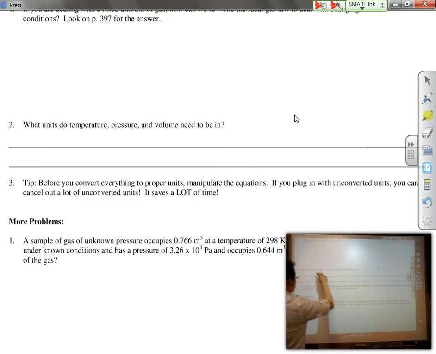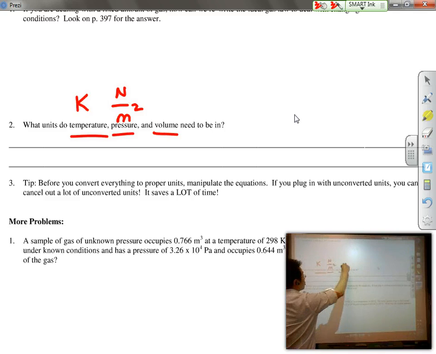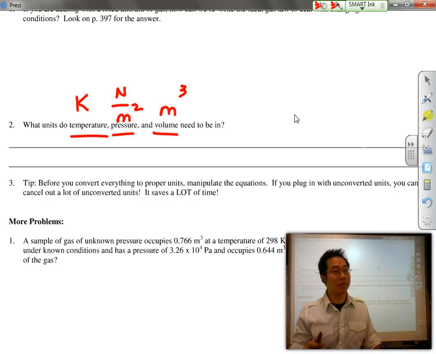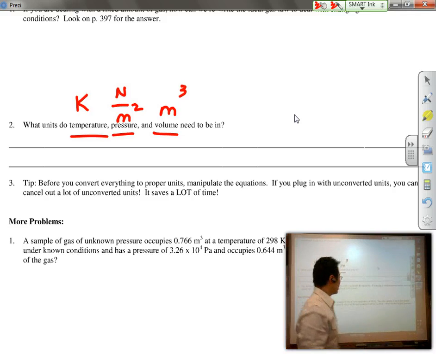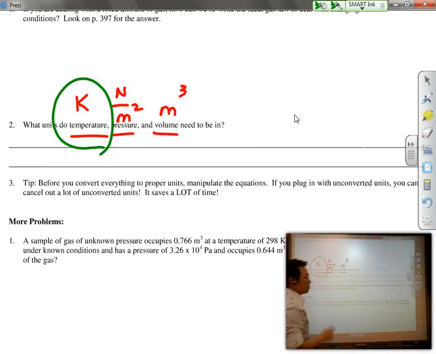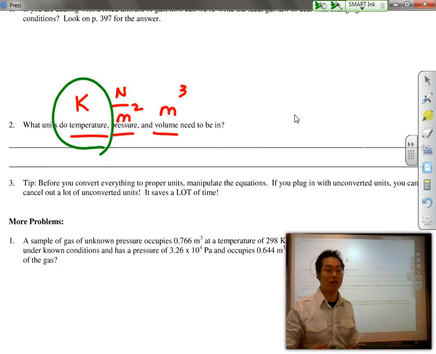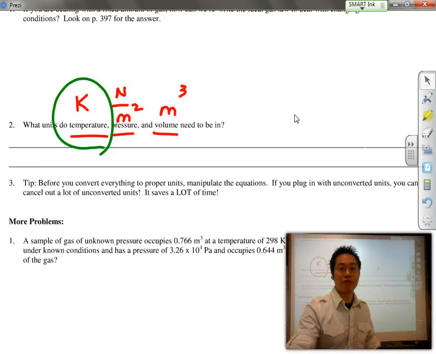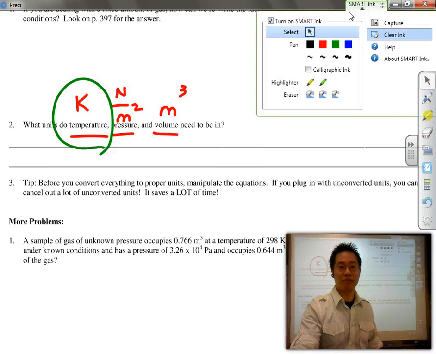Temperature must be in Kelvin, pressure must be in newtons per meter squared or pascals, and volume should be in meters cubed. Now, in reality, if you don't convert pressure or volume, it's not that big of a deal because those units are going to cancel out anyway. But temperature is the most important one. No matter what, temperature must always be in Kelvin. Okay, and make sure you convert before you plug into the equation itself.